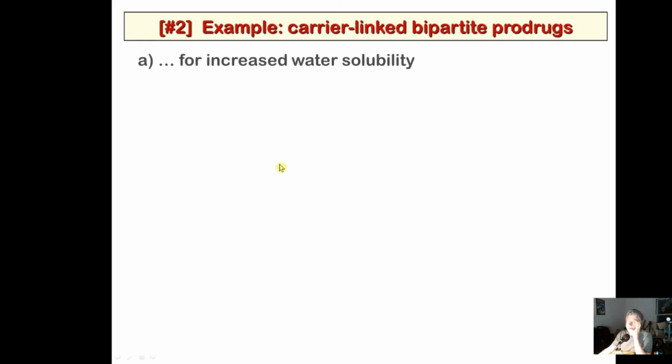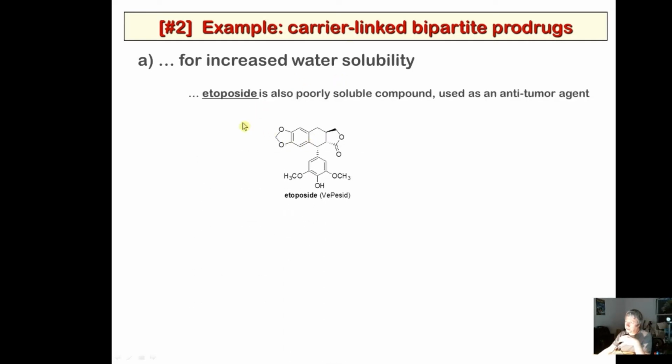Okay, so another example of a prodrug strategy to increase water solubility is etoposide. It's an anti-tumor drug, and this is the structure of it.